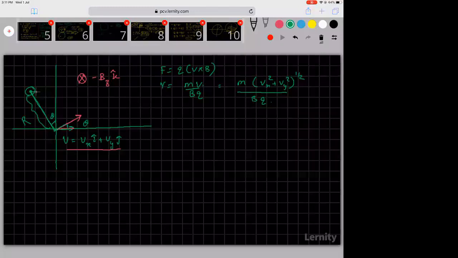So the x coordinate will become equal to minus r sine theta, and the y coordinate will become equal to plus r cos theta. This is for the center.